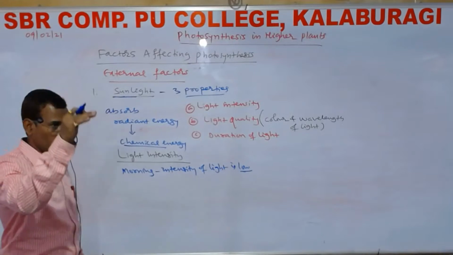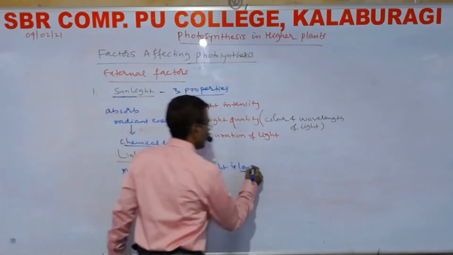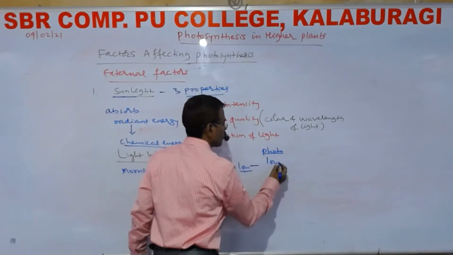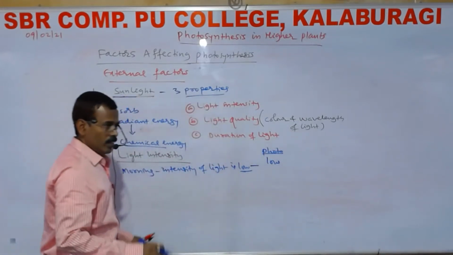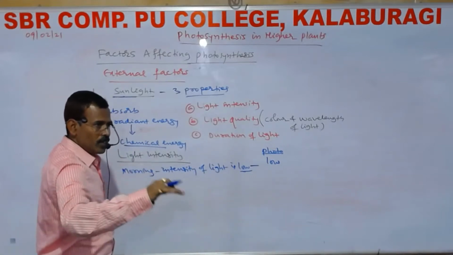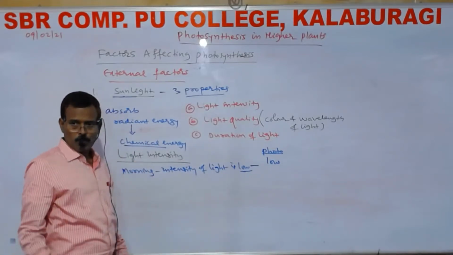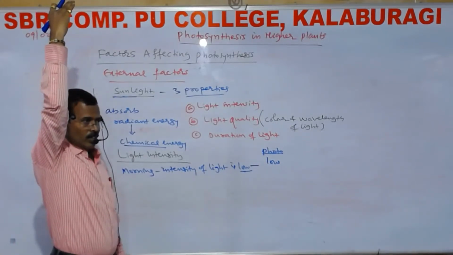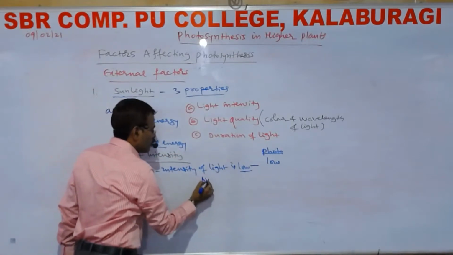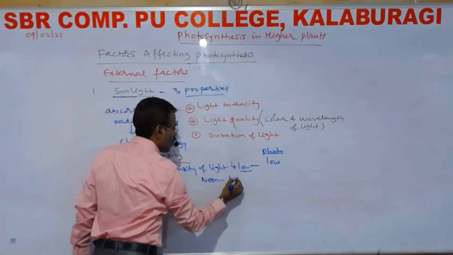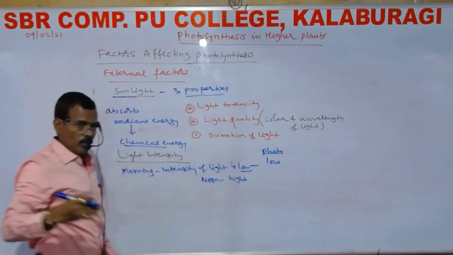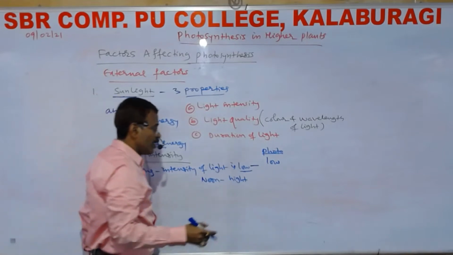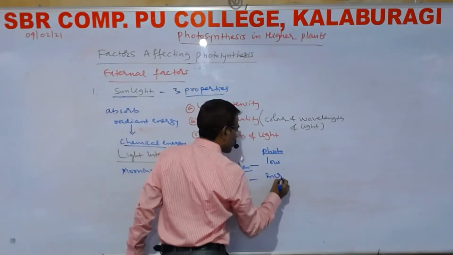Therefore, photosynthesis will be low. As we progress towards noon time, 12 to 3, with the sun on our head, the intensity is high. So with the increase in light intensity, the photosynthetic rate also increases.